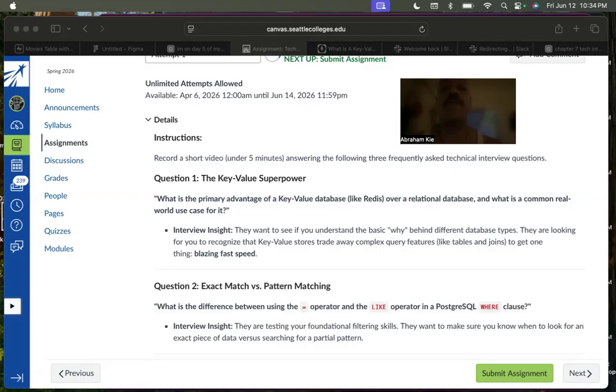Key value is a little bit more advanced. It does the same thing as relational databases, but it goes a step further. It is used for raw data, which I believe they call a data lake or something like that.